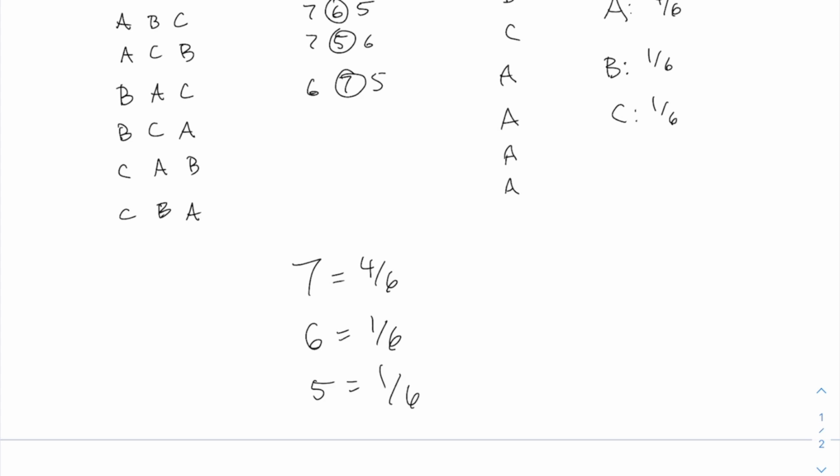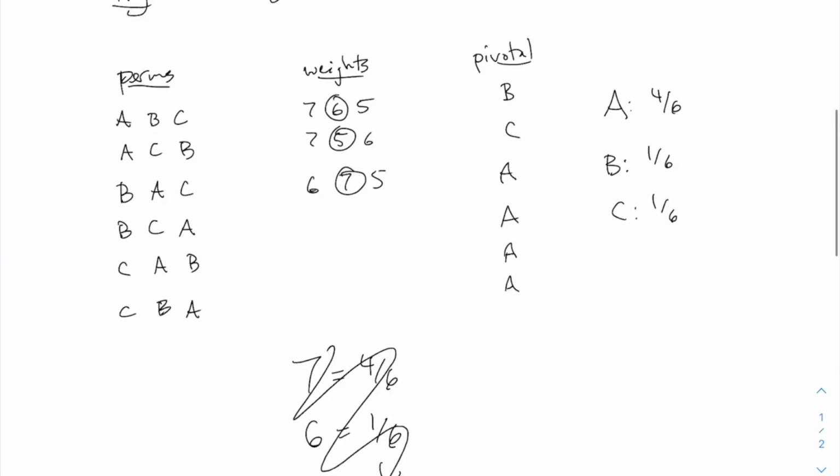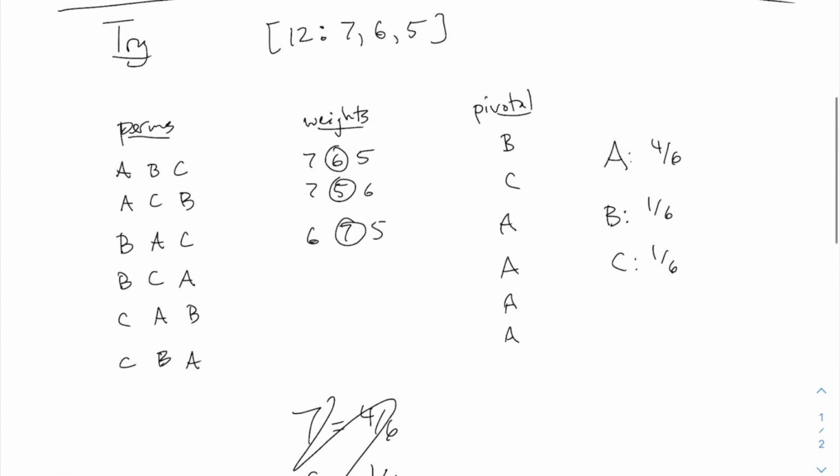I don't like that, because, come on, 7 equals 4/6? No, 7 is 7, and 4/6 is a different number from 7. I have too much respect for the mathematical equal sign to write things like this, but I would know what you mean. Don't write that. Any other questions about that?